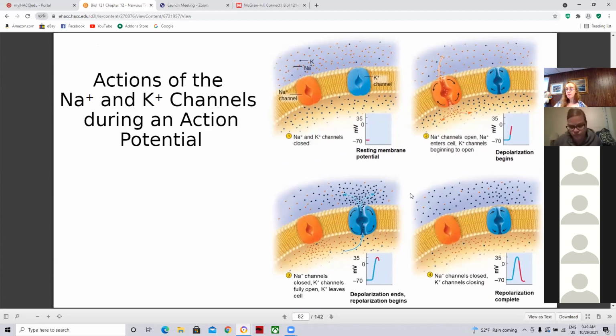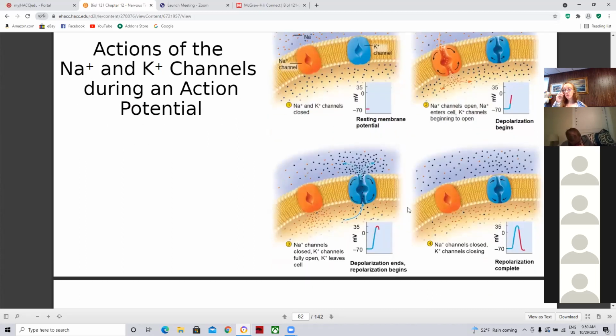So at the resting membrane potential, both the sodium and potassium channels are closed. When threshold is reached, the sodium channels are going to quickly open. The potassium channels are going to begin to open, causing depolarization of the cell.